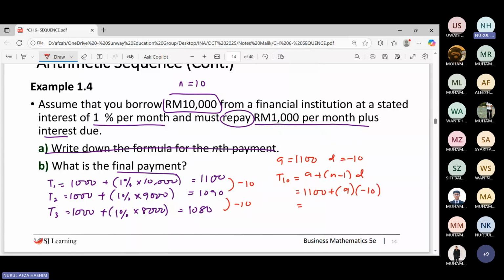Last payment is how much? Dia dapat 1010, betul kan? Yes. So last payment is 1010.